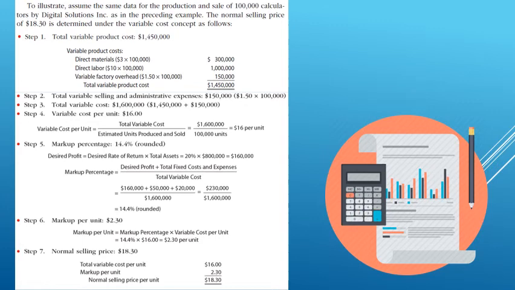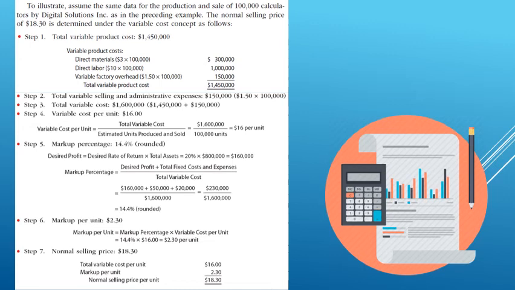And fourth is getting the variable cost per unit by dividing the total variable cost amounting to $1.6 million divided by the estimated units produced or sold, which is 100,000 calculators. So we have $16 per unit.